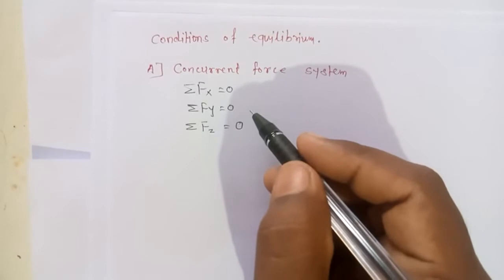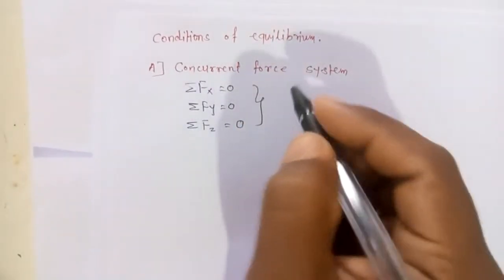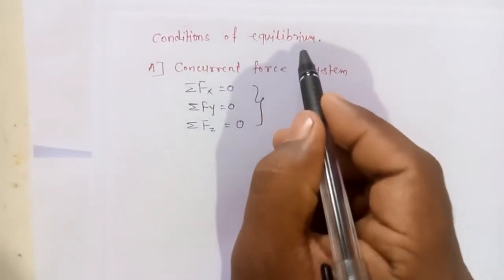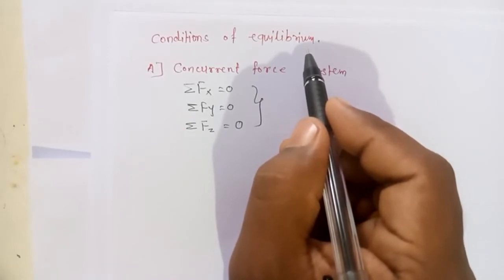Now why these three conditions are available, or how these conditions are determined, let us discuss. As you know, what is equilibrium? Equilibrium is the state of rest of a body under the action of external forces.